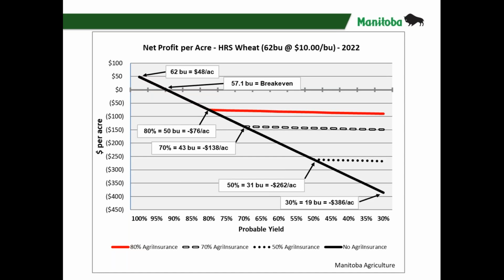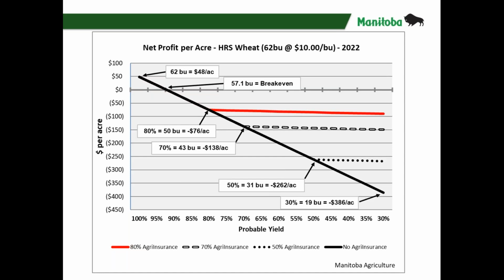So we could have seen 20% yield loss. So again, 80% coverage kicks in, and maybe those losses on a per acre basis wouldn't have been as great. But when we're looking at this fertilizer pricing and this pesticide pricing and this fuel pricing and just everything that's going along with that, these losses are now magnified.